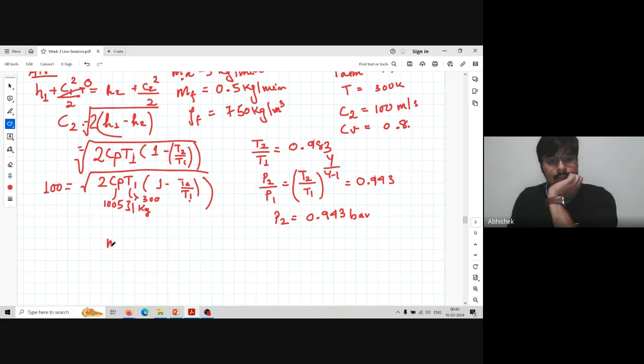Because m dot a is rho 2 A2 into C2. How to calculate rho 2? Simple, right? This one I already told: rho 2 is equal to rho 1 into P2 by P1 to the power 1 by gamma.